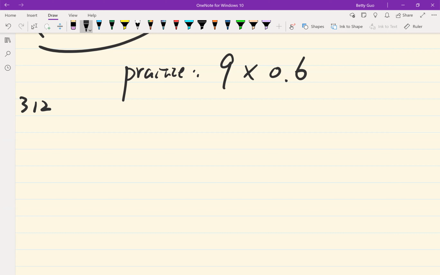Let me know. 5.4. Awesome. Exactly, 5.4. So one way you can process it like this: 9 times 0.6. 0.6 is 6 over 10, right? And you can write 9 as 9 over 1.